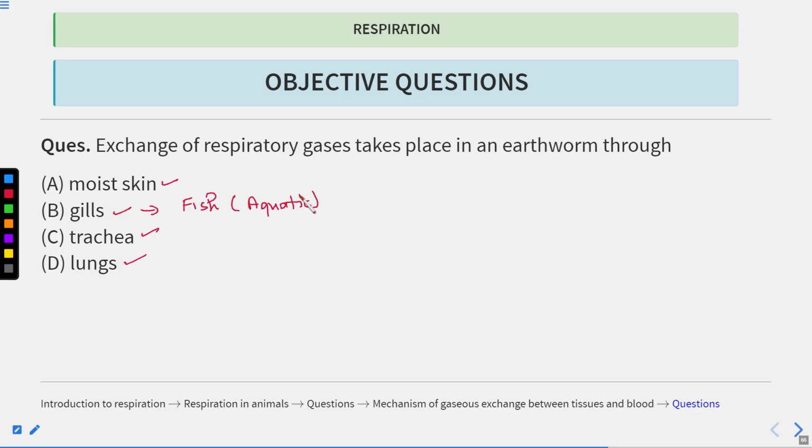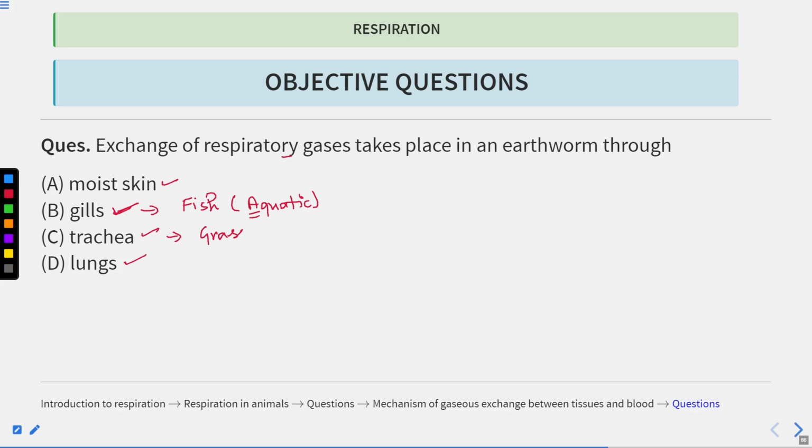And what happens? The water is taken up by the mouth, and then from the mouth it enters into the gills, and the exchange of the gases takes place in the gills. So gills are the respiratory organs present in the aquatic organisms such as fish. Now trachea, so tracheal system is present in the insects such as grasshopper.